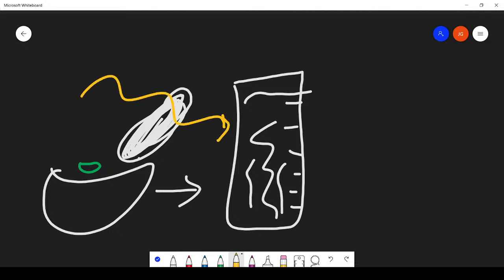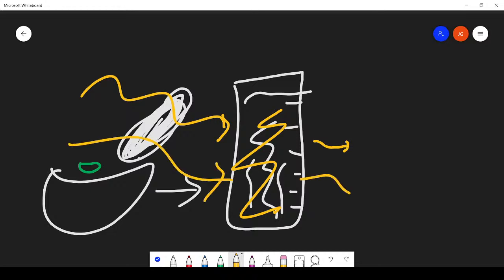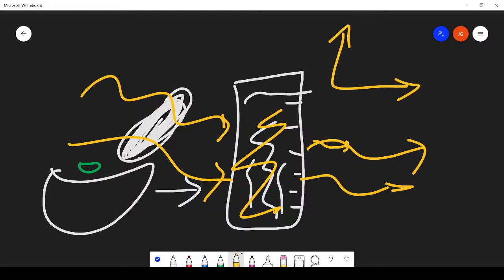And so the more stuff there is in the solution, the less light is going to pass through. But the clearer it is, all the light will pass through. So we can graph that relationship. It's a linear relationship. So on this axis, you're going to have the concentration, and on this axis, I'm sorry, I flipped them around.